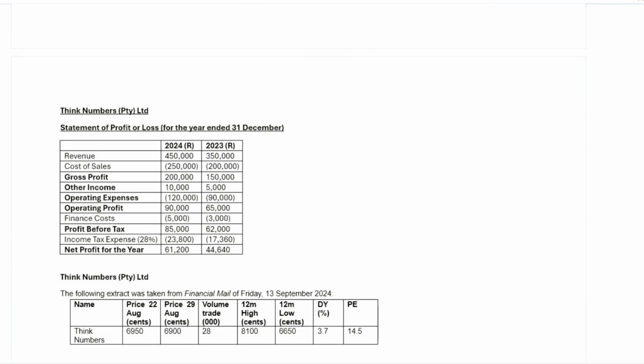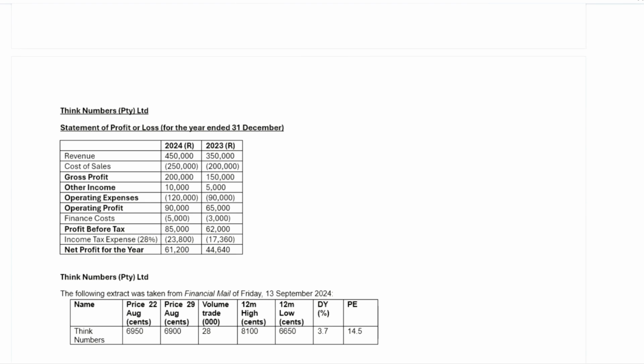Now, just a quick disclaimer, because sometimes students get confused between finance cost and the income tax expense. The income tax expense is the tax that gets charged to companies, and the last recorded rate was 28%, or for Think Numbers, it's 28%. So this is the tax they have to pay to the revenue services.